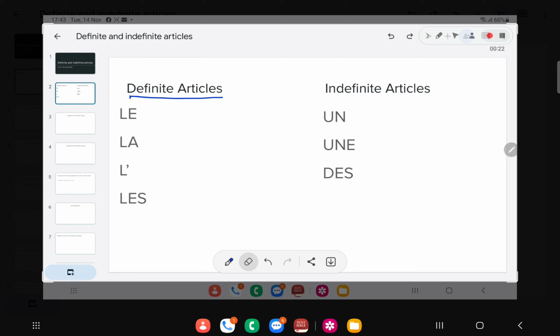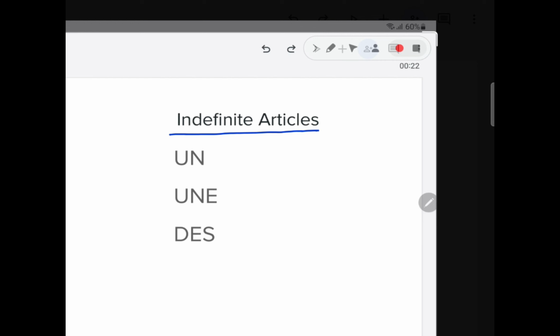At the right here, we have the indefinite articles un, une, and des. The English equivalent here is none other than a and an. Des is the plural form, which is equivalent to "some" in English. Just like the definite articles, indefinite articles also have genders.